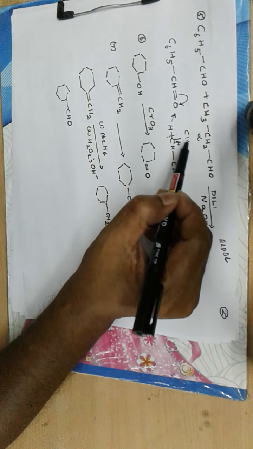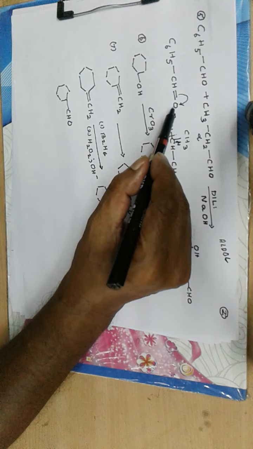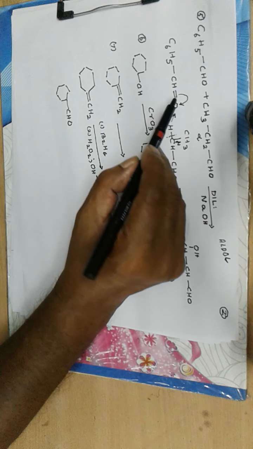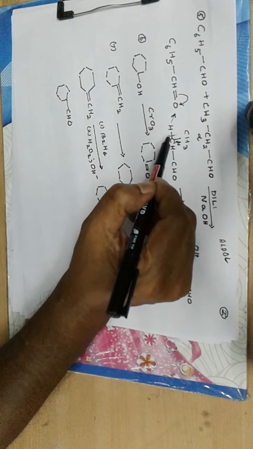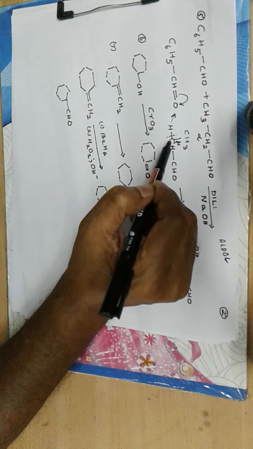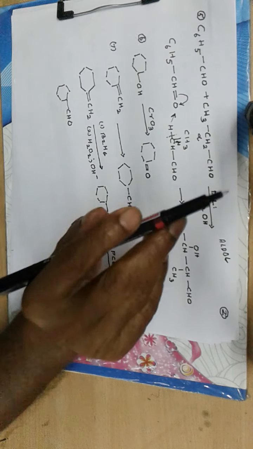Propionaldehyde splits into H positive connected to O. Here the CO bond polarizes and ionizes like this, the C becomes positive, and H becomes positive and OH is formed, and the C negative gets connected to this carbon. We get an aldol like this.